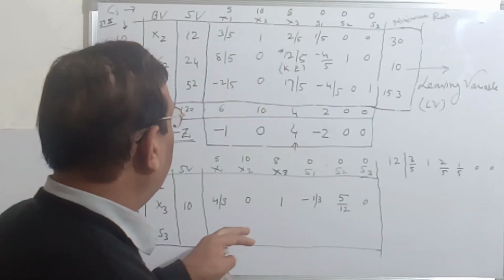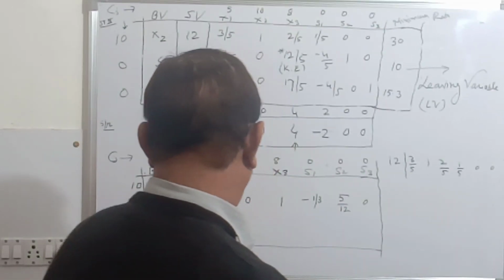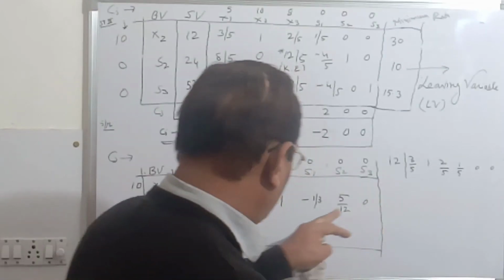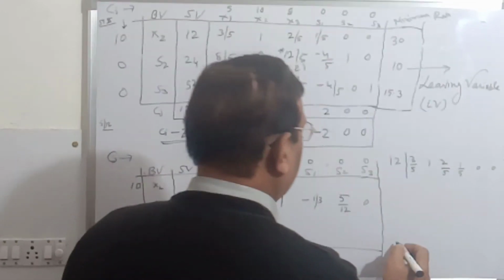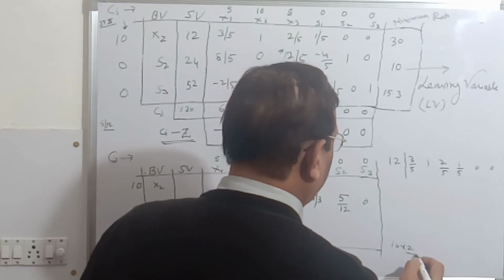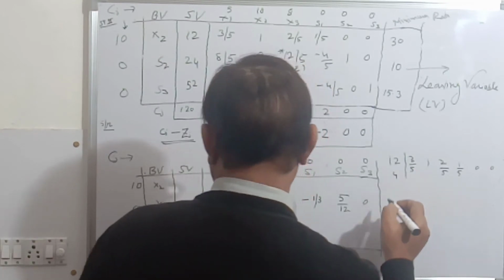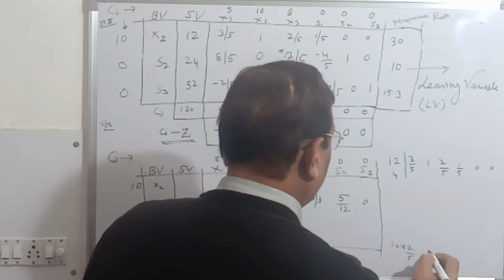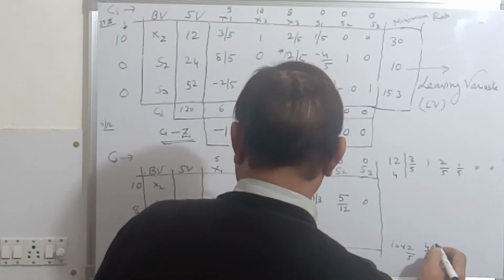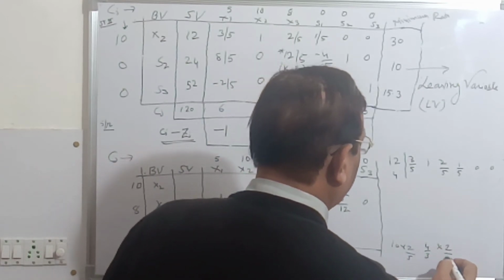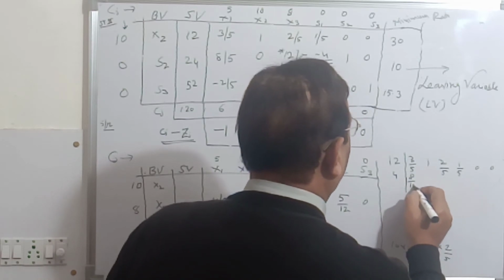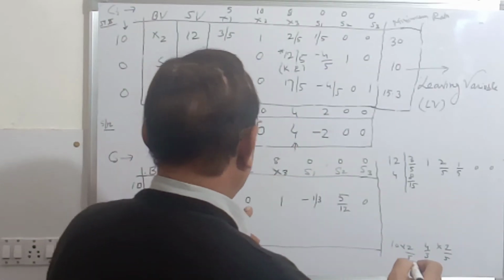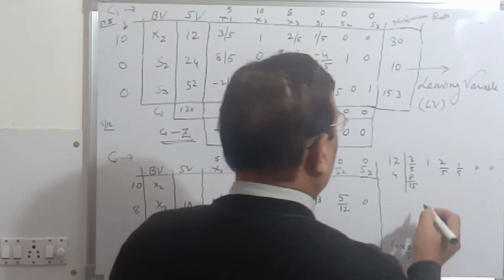Now multiply the whole new row by 2 by 5. 10 into 2 by 5, 4. 4 by 3 into 2 by 5, 8 by 15. 0. 0.